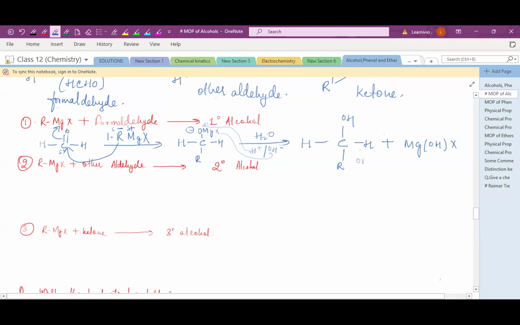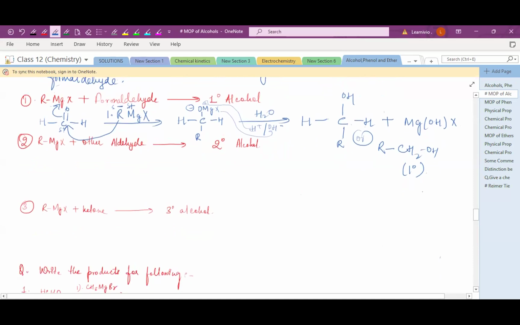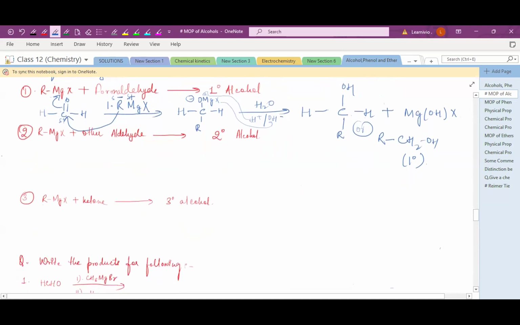What is this? This is your primary alcohol. So this is the example when formaldehyde is treated with the Grignard reagent followed by hydrolysis: you will get a primary alcohol. Clear, Ali? Yes, ma'am.